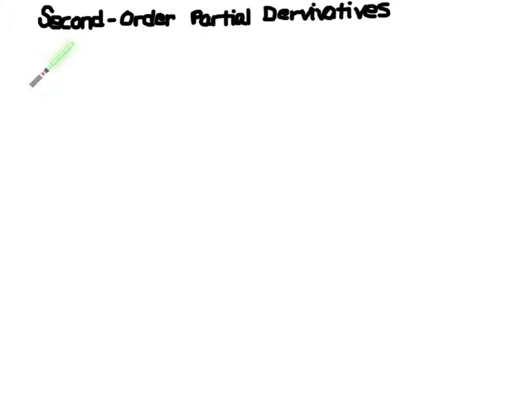Now let's look at the second order partial derivatives. If we start with taking the partial derivative of a function f with respect to the variable x, and we take the result of that and take the partial derivative of the result with respect to x, we're taking the second order partial derivative.